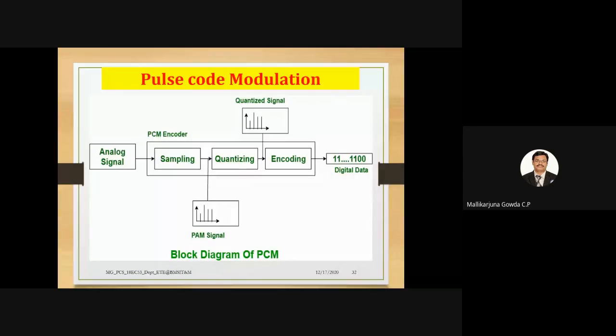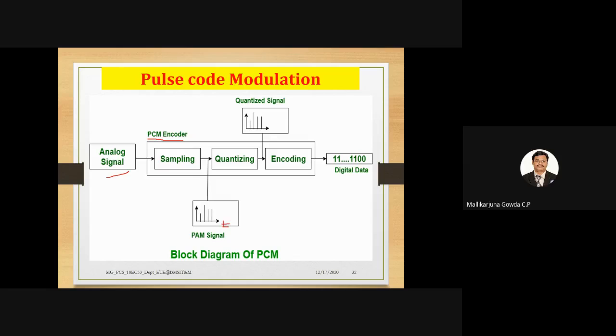This is the block diagram of PCM. I said this is my analog input signal. So these three blocks, sampling, quantizing, encoding, are known as the PCM encoder. When I sample it, the signal becomes discrete in time.